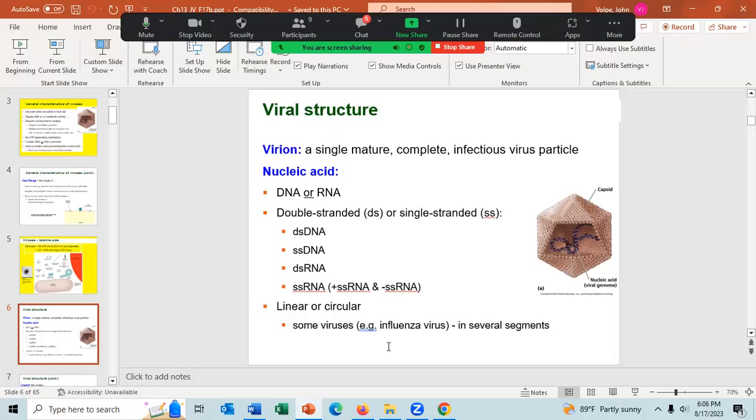The DNA can be double-stranded DNA, and that's normal. Most of the time, our cells have double-stranded DNA, but the viral genome could be single-stranded DNA. That is also normal in our cells. Whenever the DNA is being replicated or being transcribed, the DNA is single-stranded.